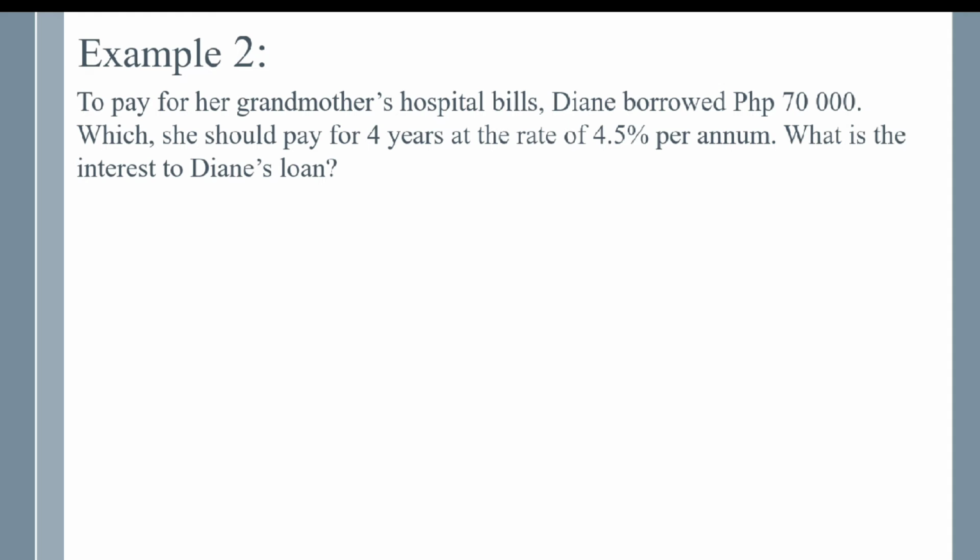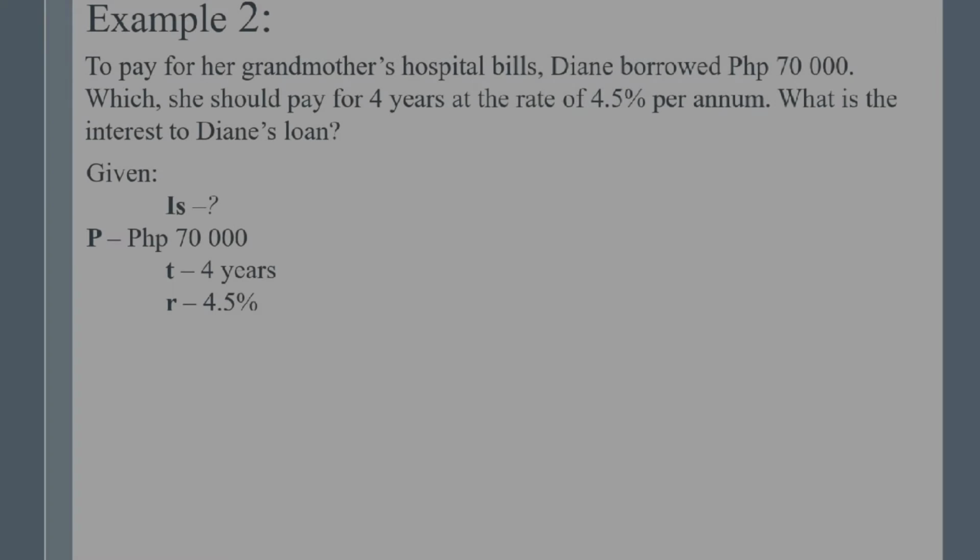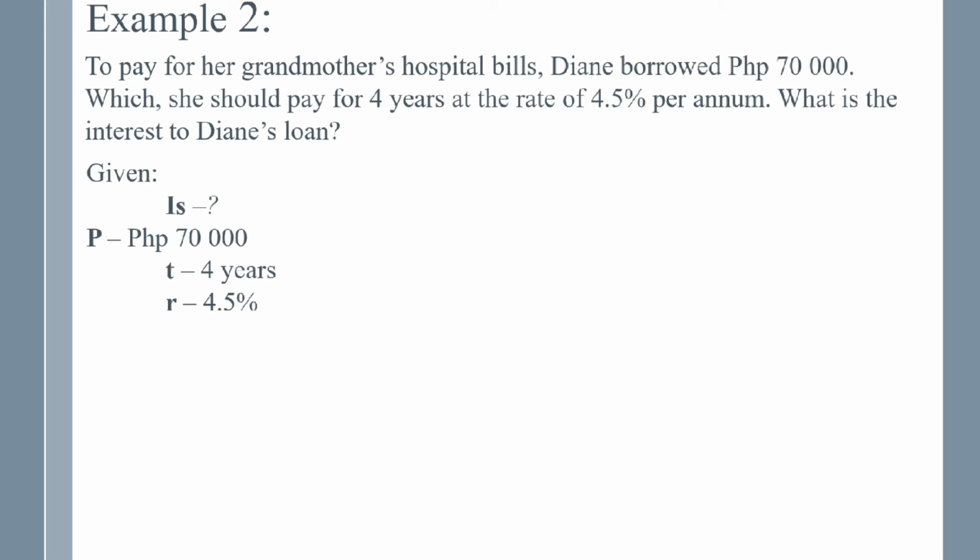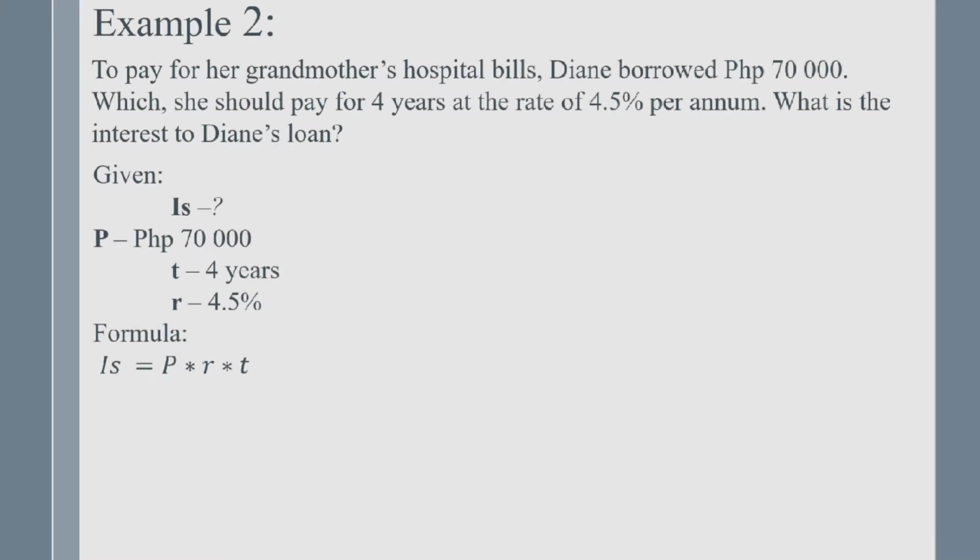First, we have our principal, which is 70,000, time, which is 4 years, and our rate, which is 4.5%. To find the missing interest, let us use the formula of simple interest, which is principal times rate times time all over 100.